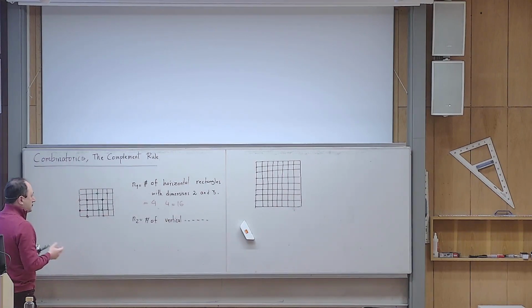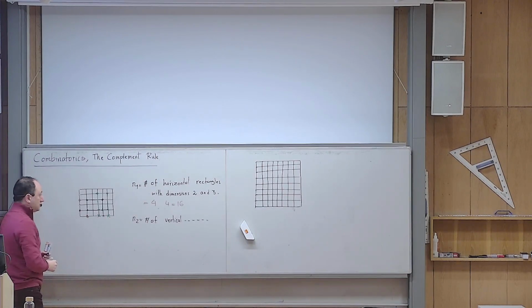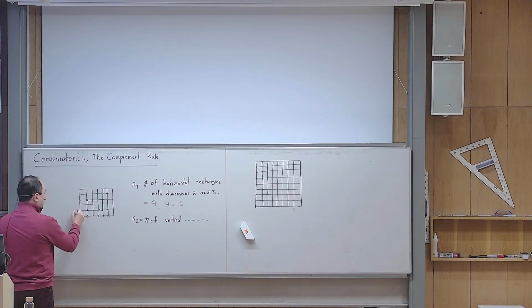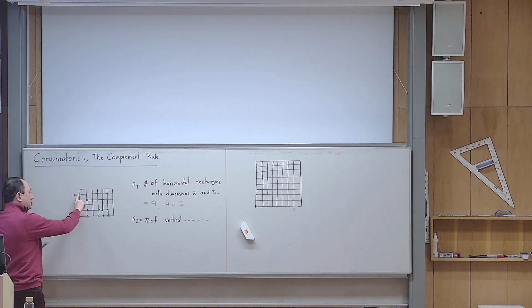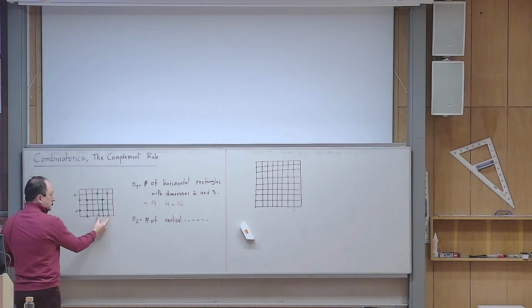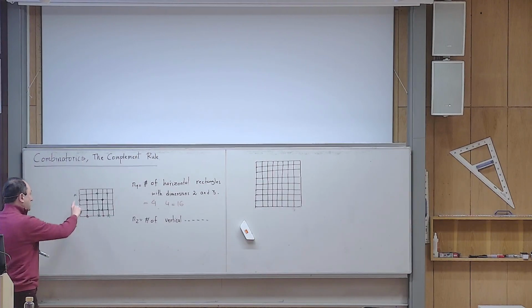For the same reason, this time I need to give you these 2 points, and I also need to give you these 2 points. But this time the distance on the vertical axis should be 3, and the distance on the horizontal axis should be 2. Yes? So how many times can I choose these pairs?